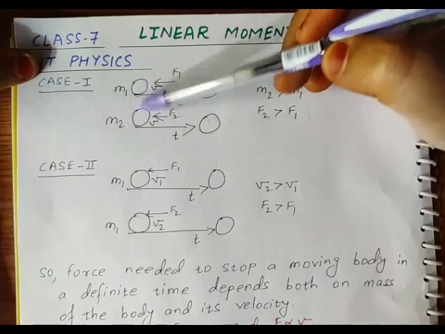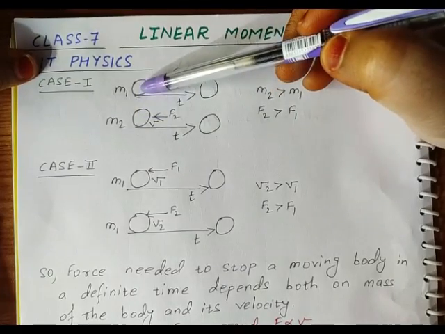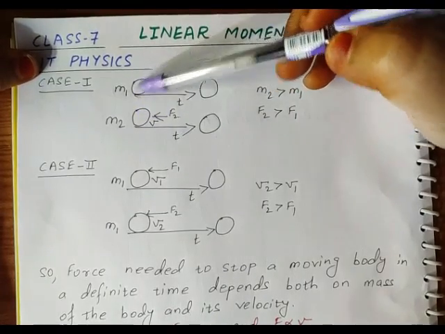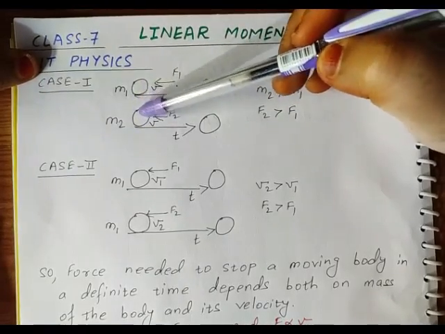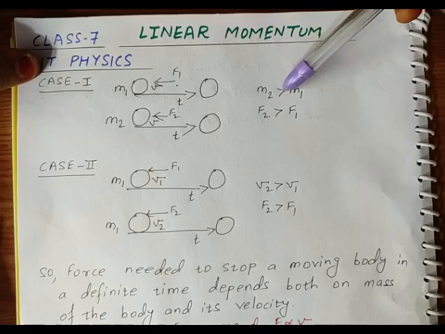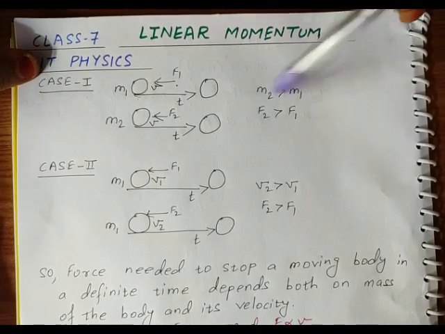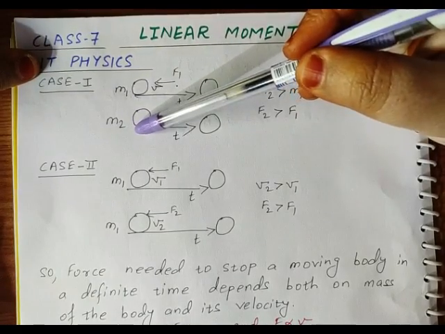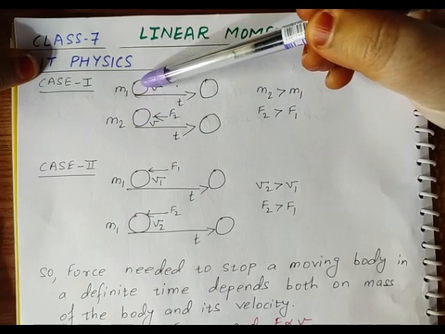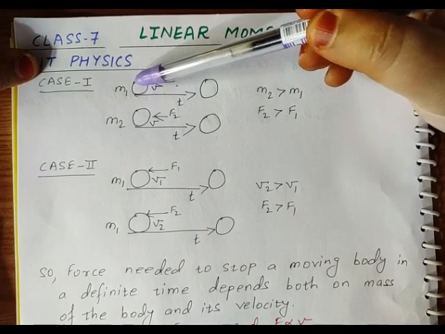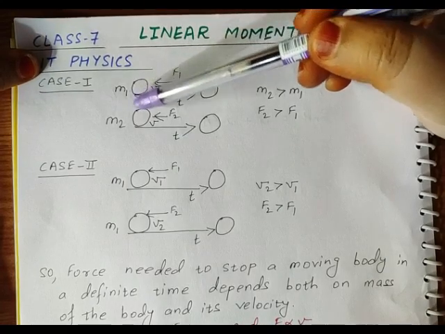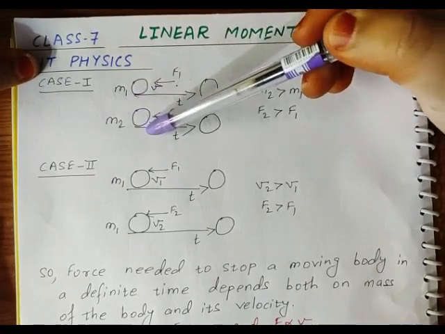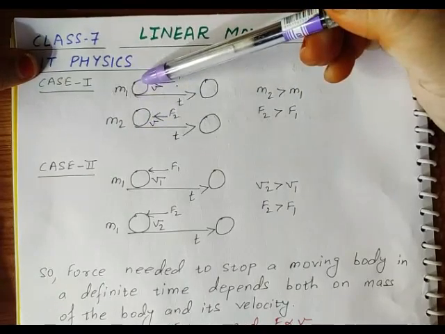It means two bodies of different masses, m1 and m2. What is given? m2 is greater than m1, which means the second body is heavier than the first body.